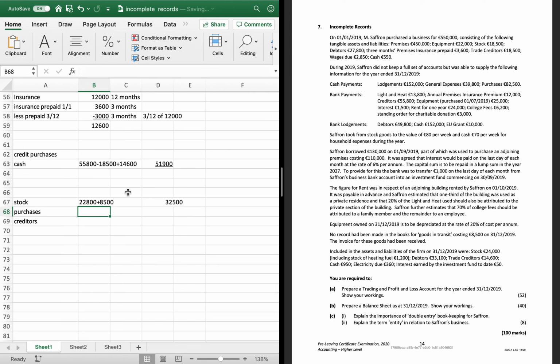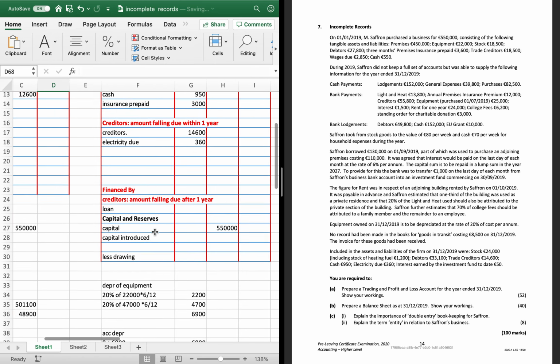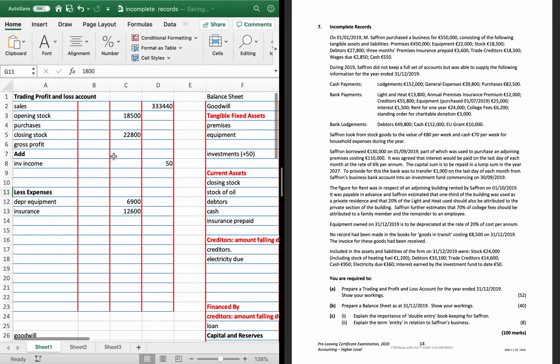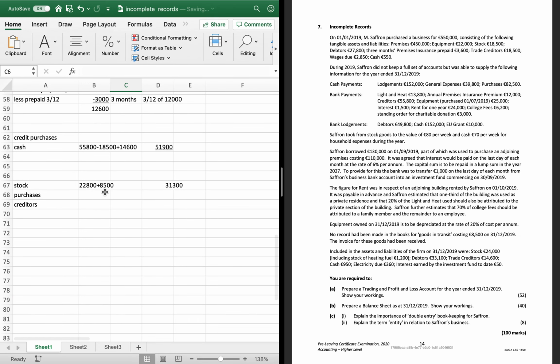So it should be 31,300. Okay, so I'm going to change that to 31,300. I'm also going to change it over here. Okay, so that's one thing I have to, if I'm putting in stuff at the end first, I have to be willing to go back and change it.